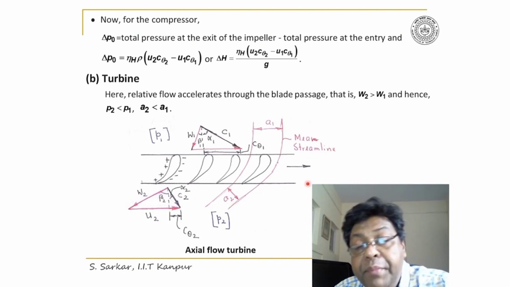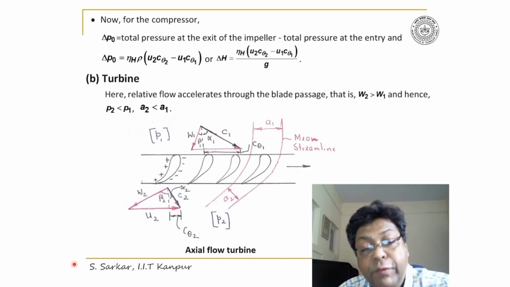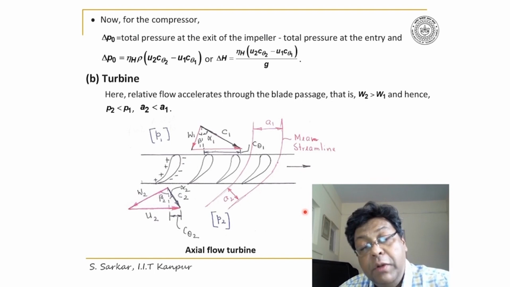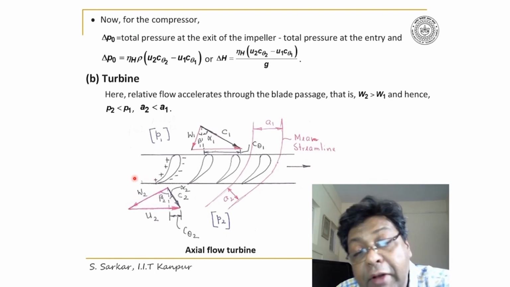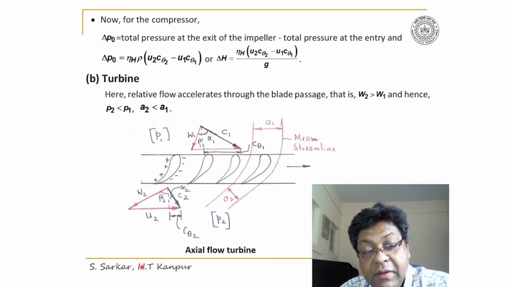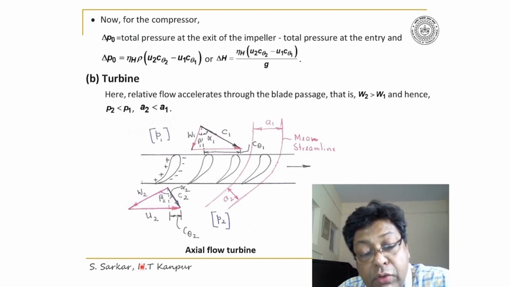And look, I have maintained the direction of rotation the same as before. Now you will find the pressure and suction surfaces are aligned in such a way that the pressure surface will dictate the rotation. Thereby you can appreciate that you will get work output from a turbine. Now note the significant difference here.